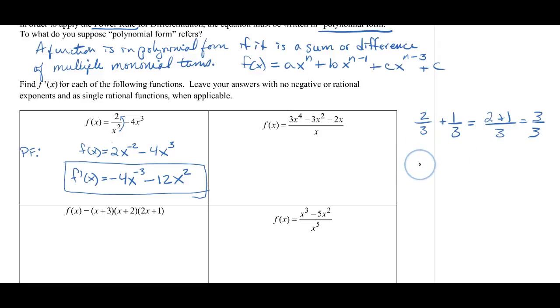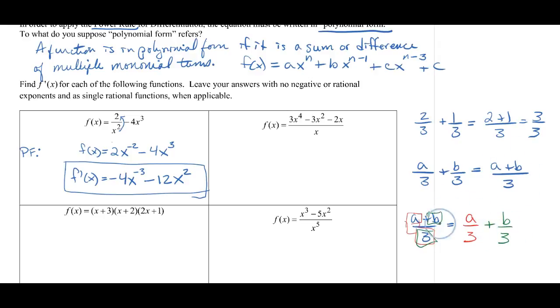In algebra, we might have done something like a over 3 plus b over 3 equals a plus b over 3. But that also means that if I'm given a plus b over 3, I can separate that by taking each term in the numerator and placing it over the denominator. And I do that separately for each numerator term.